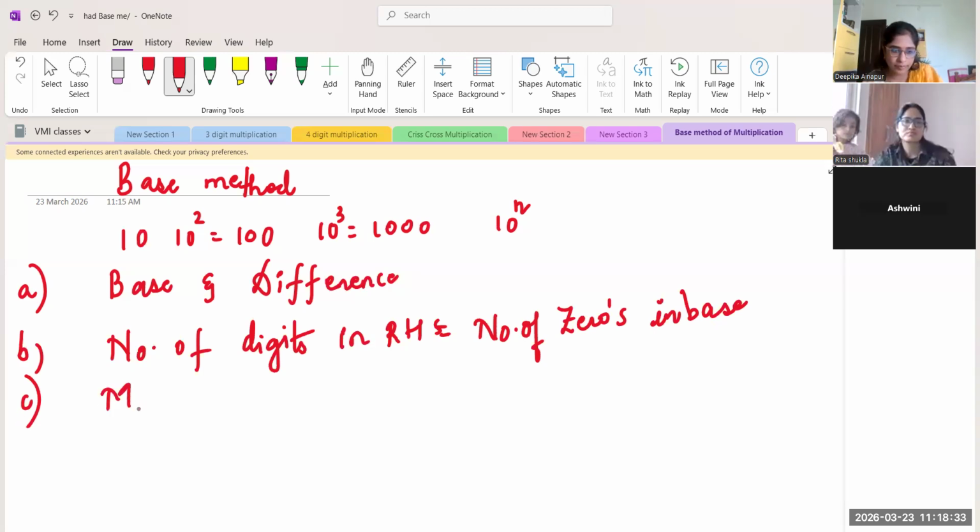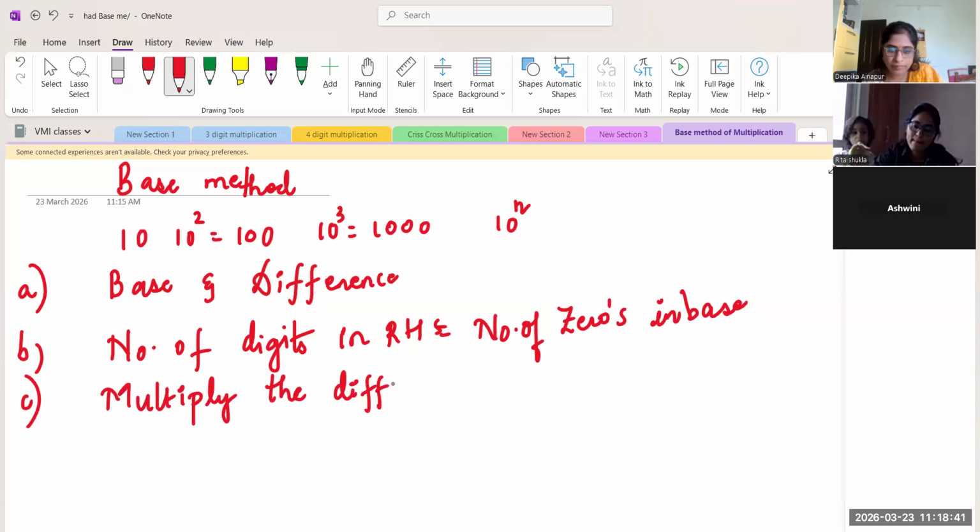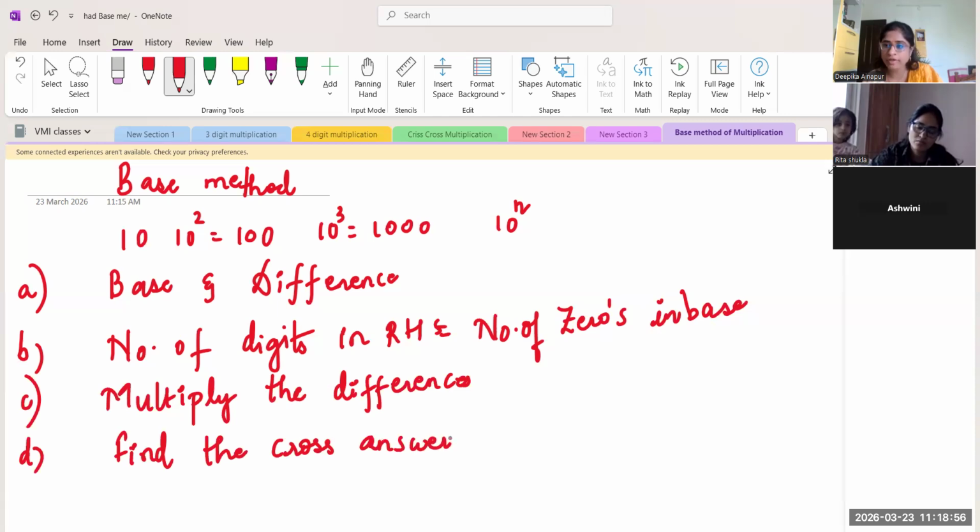Third step: multiply the differences. Right. And then the last step is just to find the cross answer. So these are the steps we will be following. Whatever base we take, these are the steps we will be following.